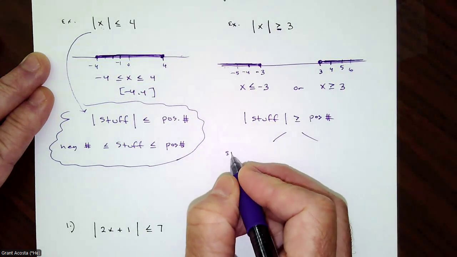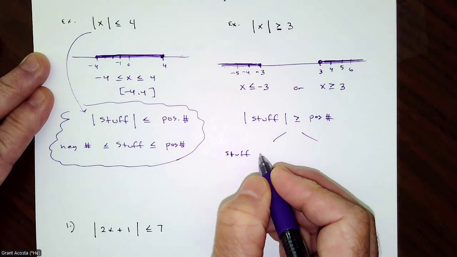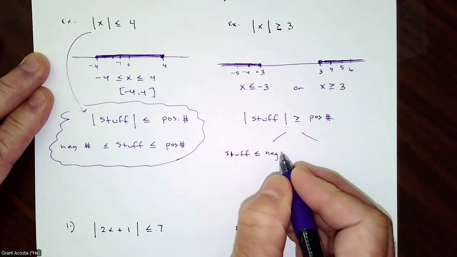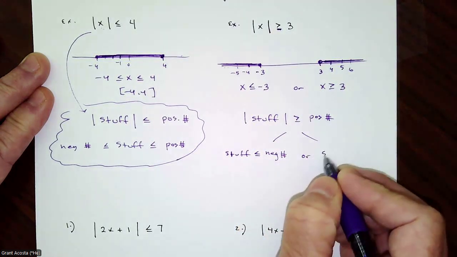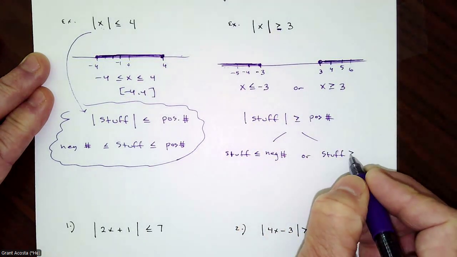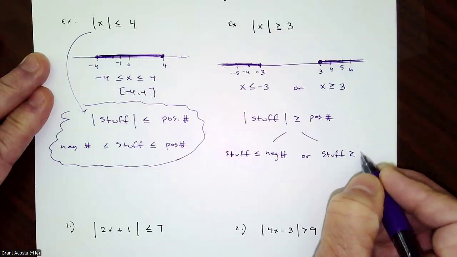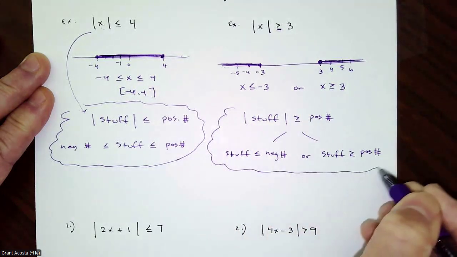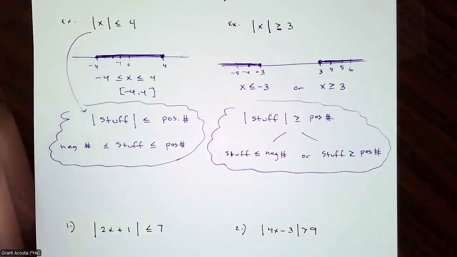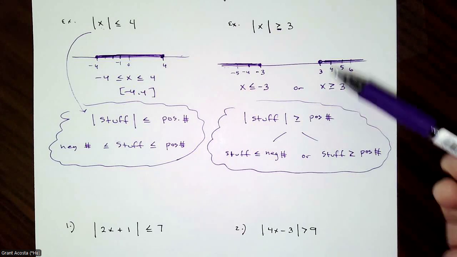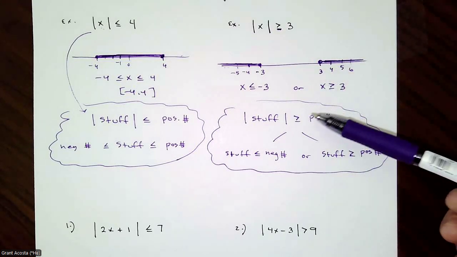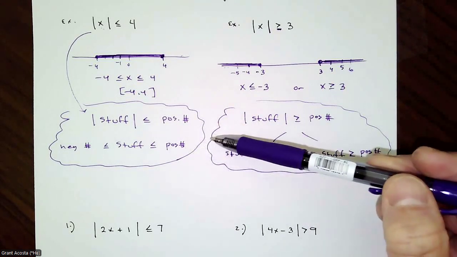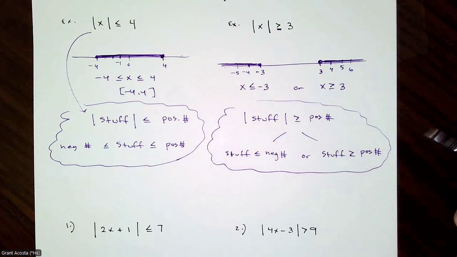We could say that the stuff is less than or equal to the negative of that number, or the stuff is just greater than or equal to that positive number. So you have to study this a little bit, and you have to know the difference whether you're dealing with a greater than or a less than. This is going to be our format for solving these.